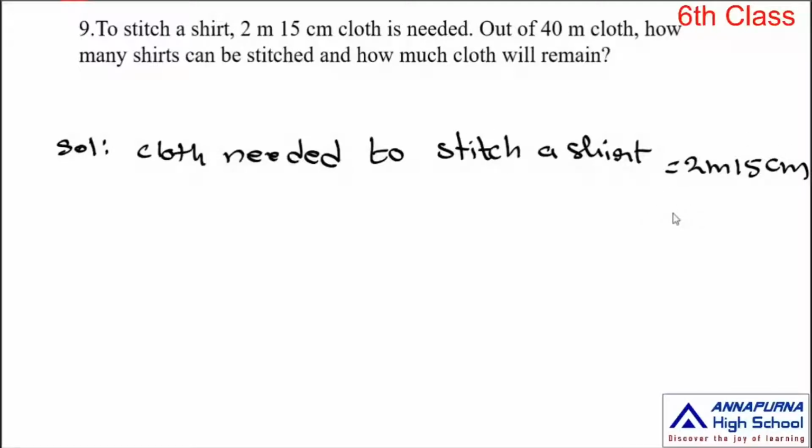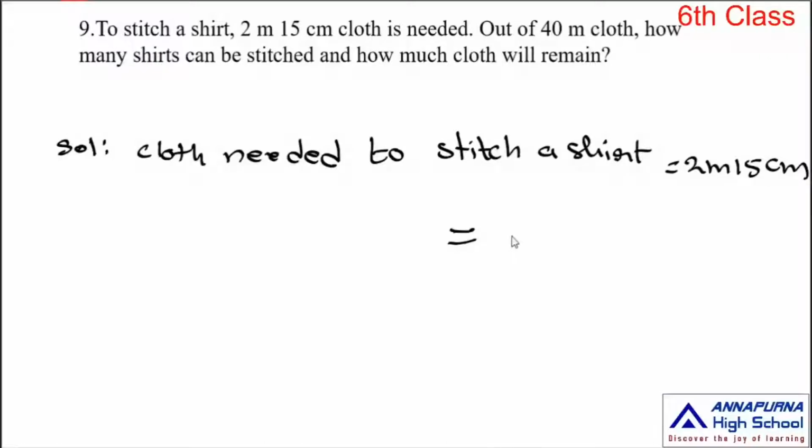Here the measurements are given in meters and centimeters. To convert this into centimeters, 1 meter is equal to how many centimeters? 100 centimeters.